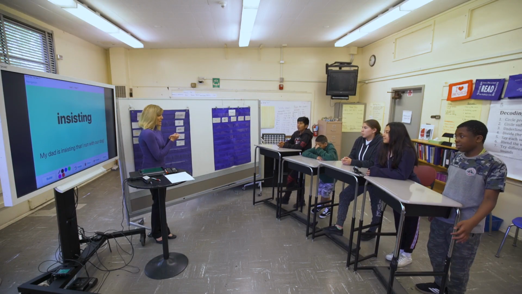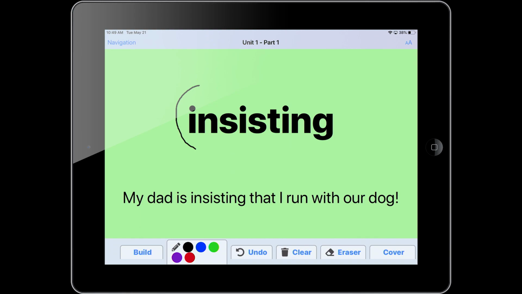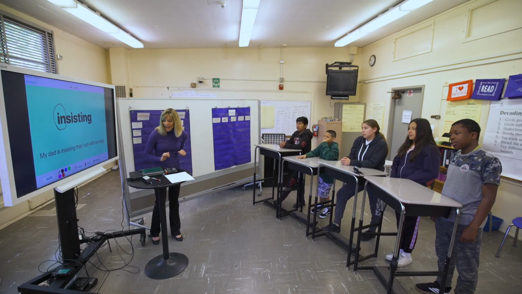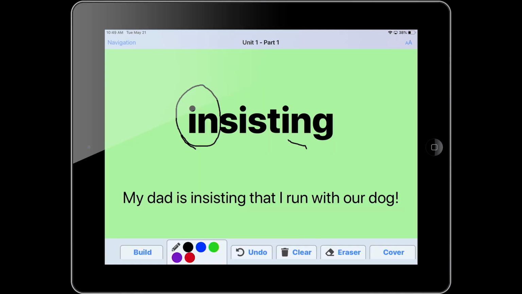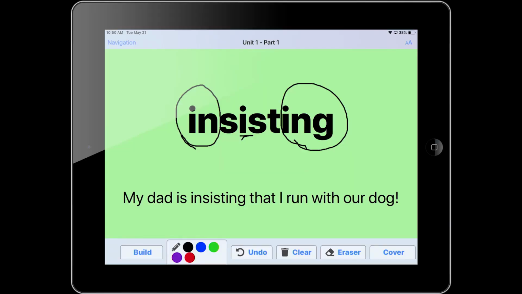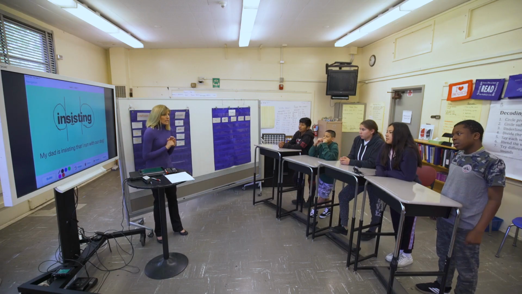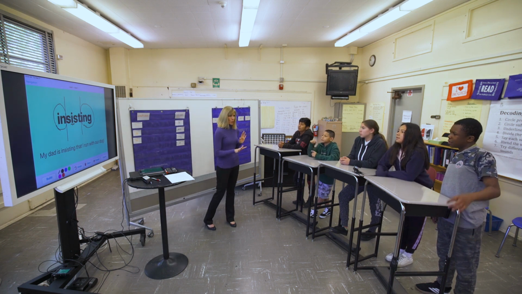Does anybody see a prefix that we know? Yes, everybody say it. In. And I'm going to say it while I circle it, in. And does everybody see the suffix? Ing. And I'm going to say it while I circle it, ing. And what is the vowel sound? I. Now, what is the only part I might not know?